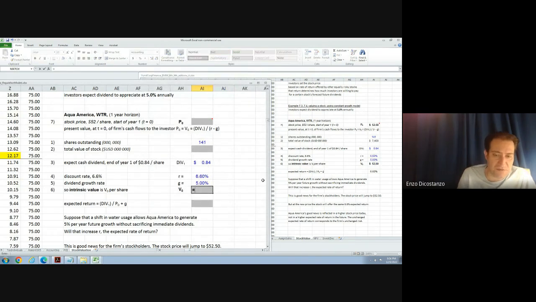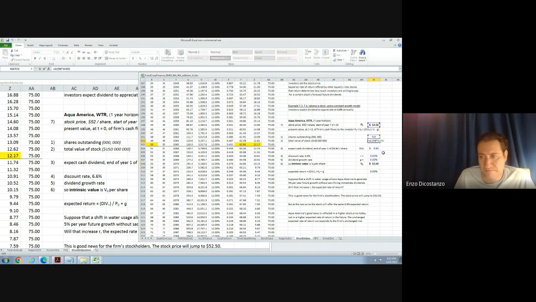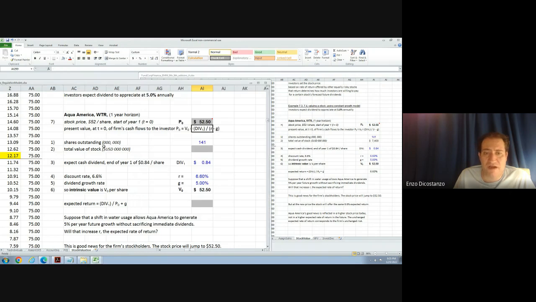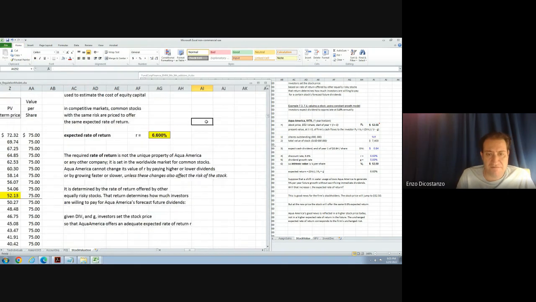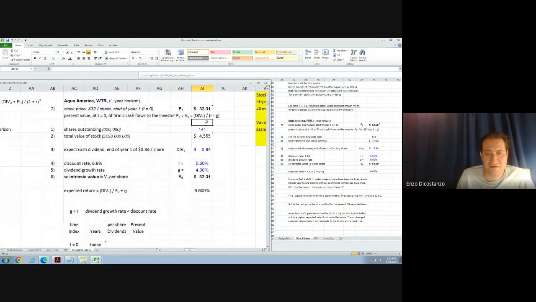So this was equal to dividends divided by parentheses, this minus G. And obviously we'll use the same valuation formula that we had up here.